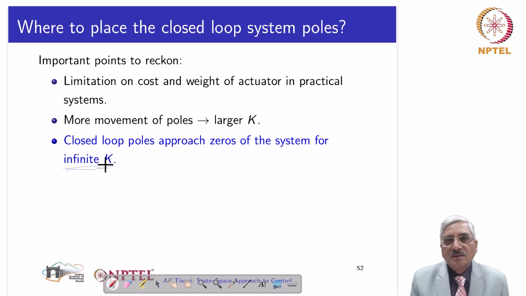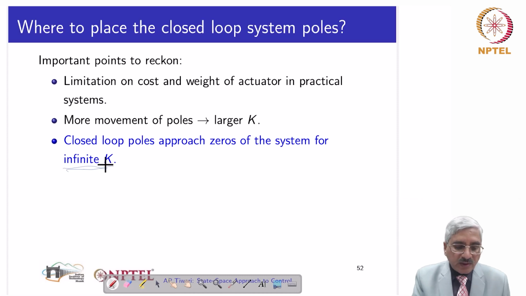So what will happen is, if k is changed slightly, the pole will move further from its open loop location. Again, by changing k, it will move further. But as it has gone closer to the zero, further movement will entail larger and larger change in k.